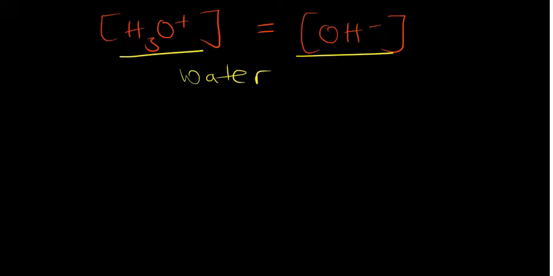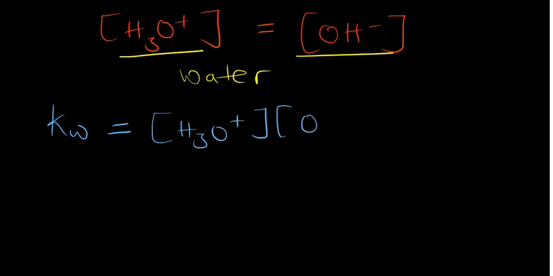Since we know that, our ion product constant Kw for water at 25 degrees Celsius, which is room temperature, is dependent on the hydronium ion concentration and the hydroxide ion concentration. We've also said that it is 1 by 10 to the power negative 14 at 25 degrees Celsius.